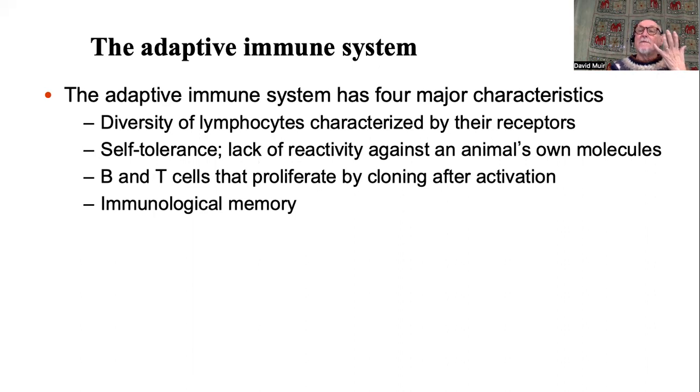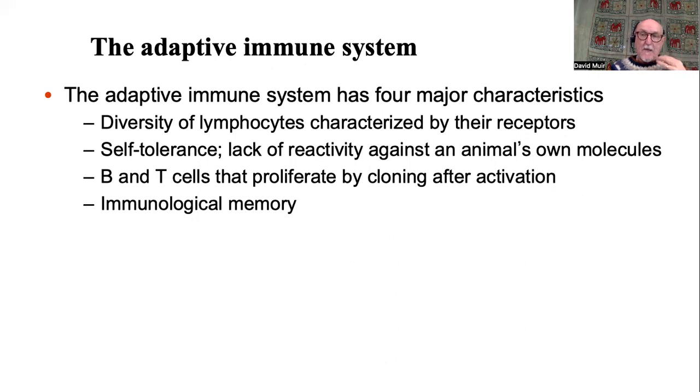But this is fundamental to the functioning of the adaptive immune system. The adaptive immune system must not learn to fight our own tissues. If it does, that is a disease-causing situation, and it's called autoimmunity. And as far as possible, the immune system tries to avoid doing that.